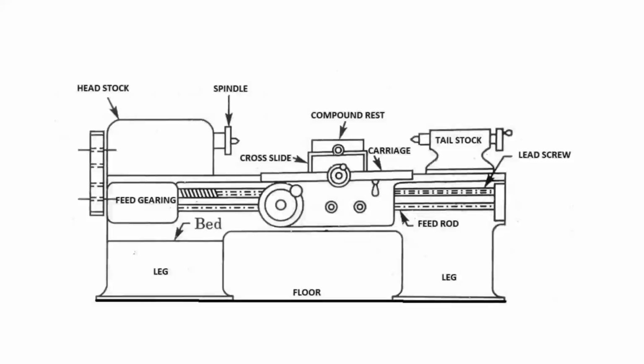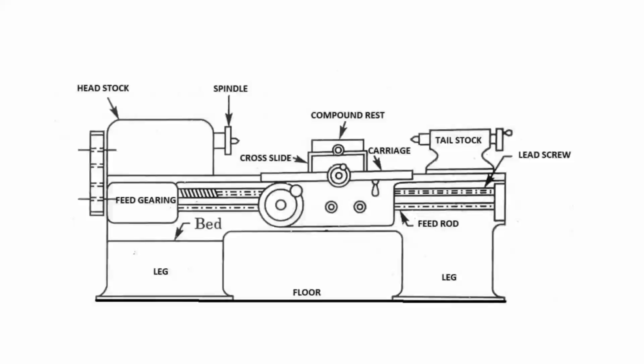Now there are some conditions which have to be satisfied by the bed before machining work. What are the conditions we will study now. So now listen carefully. This question can be asked in the exam for 3 to 5 marks: what are the conditions which must be satisfied by the bed before an accurate machining operation?